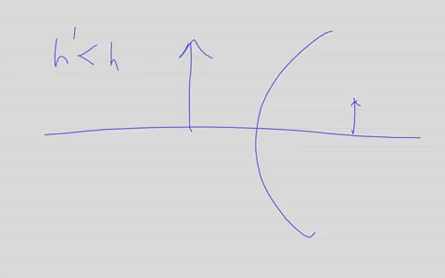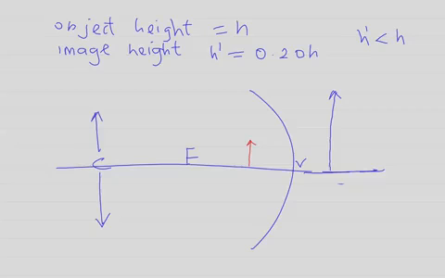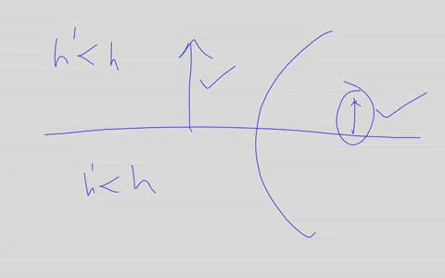It says the image has the same orientation as the object, and the image height is less than the object height, and that goes with this. So the question is, is the mirror convex or concave? The mirror is going to be concave, convex rather. The mirror is a convex mirror. That's the answer.